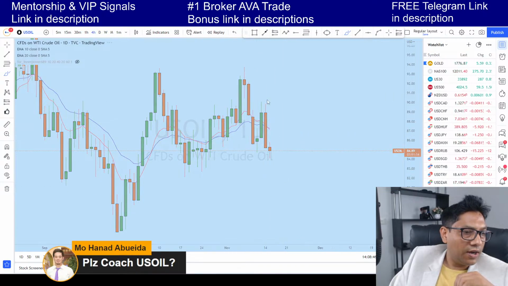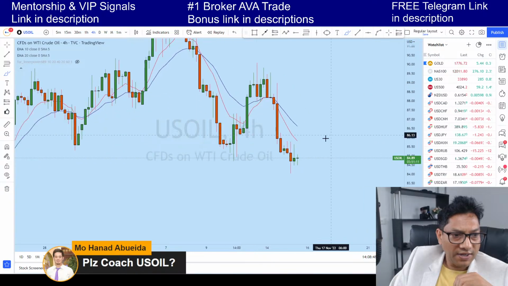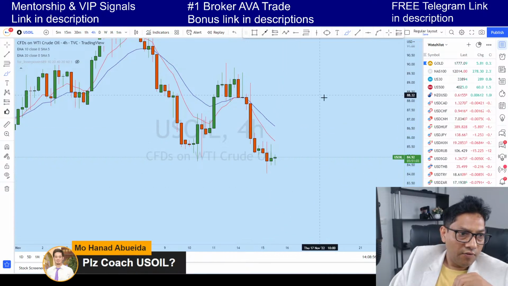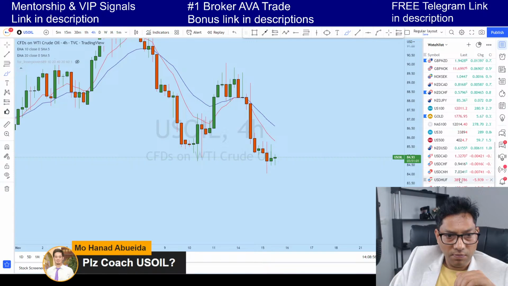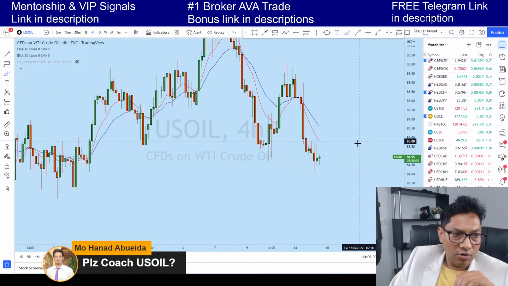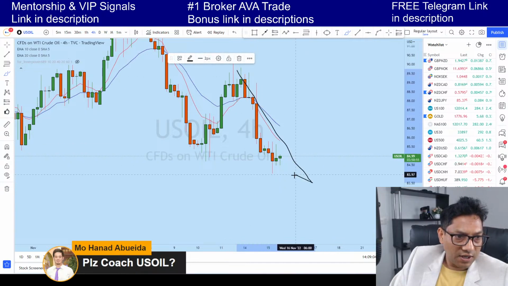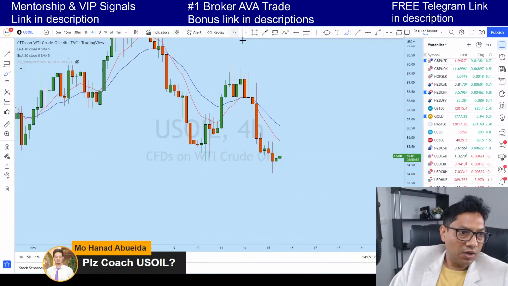Looking at intraday perspective, again we might see some spike on US oil. If the price goes up and tests this level, that could be a very good place for selling. For me, US oil is bearish for now. Depending on when we can find a selling opportunity, it creates a bearish price action.